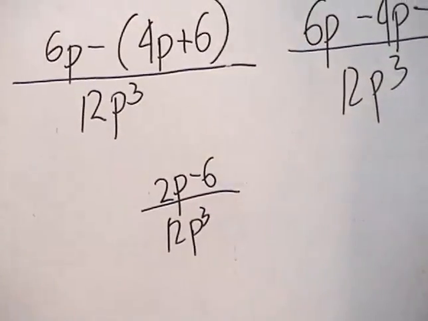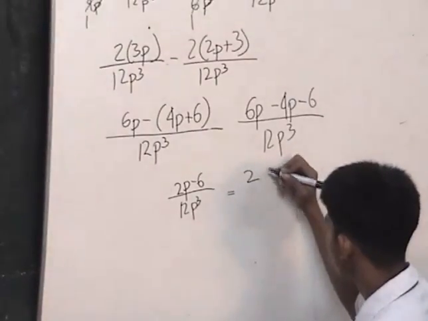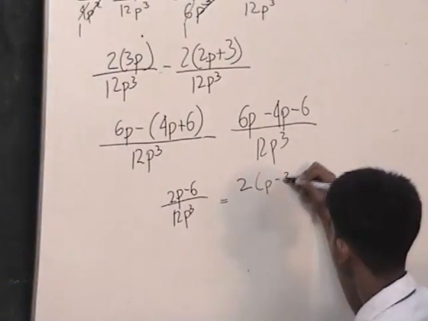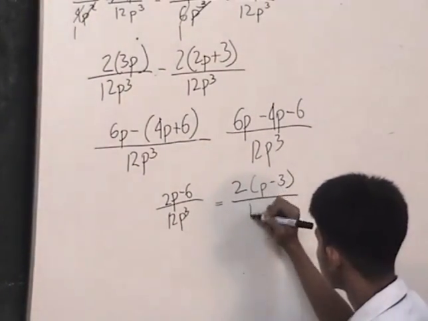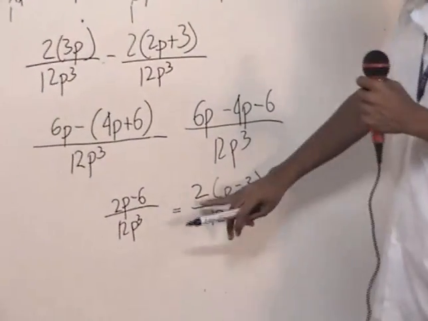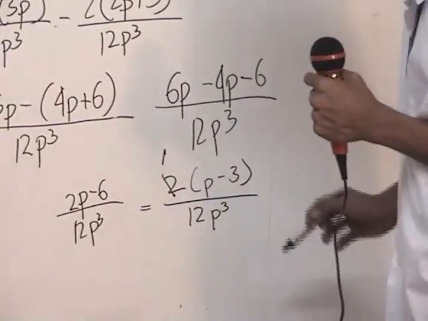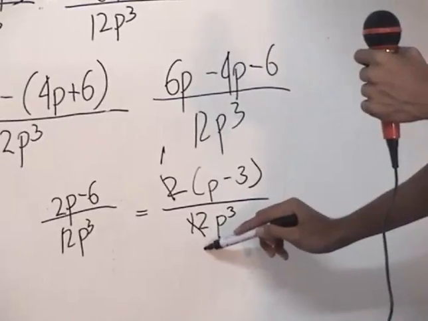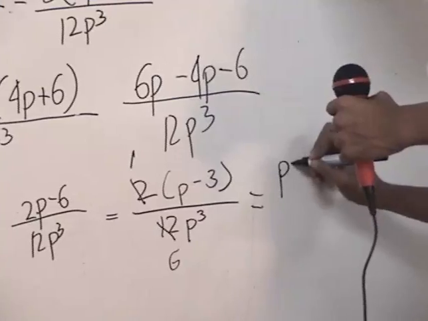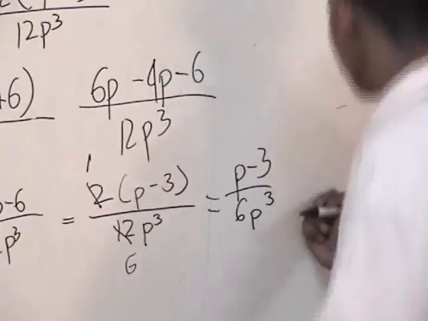The factor of 2p minus 6 is equal to 2 times the quantity of p minus 3. They have common factors of 2. 2 divided by 2 is equal to 1. 12 divided by 2 is equal to 6. So the final answer is p minus 3 all over 6p cubed.